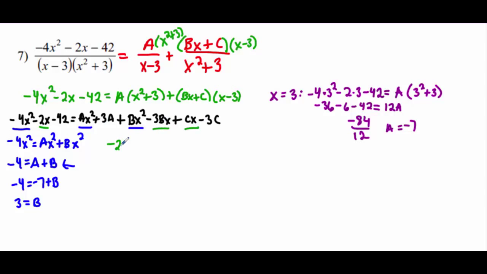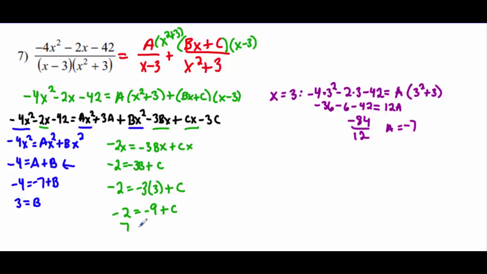Now let's do our x's. So negative 2x equals negative 3bx plus cx. We're going to drop the x's out now because it's like terms. Negative 2 equals negative 3b plus c. Since we know what b is, we can plug in and figure out what c is. So negative 2 equals negative 3 times 3 plus c. Negative 2 equals negative 9 plus c.